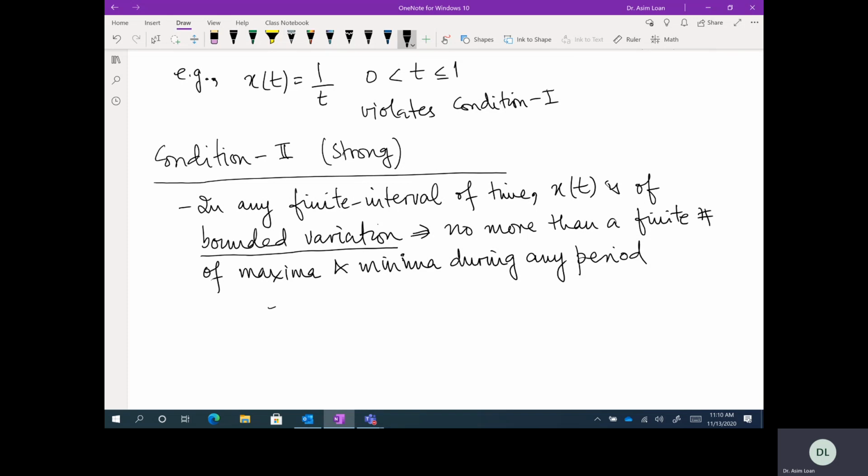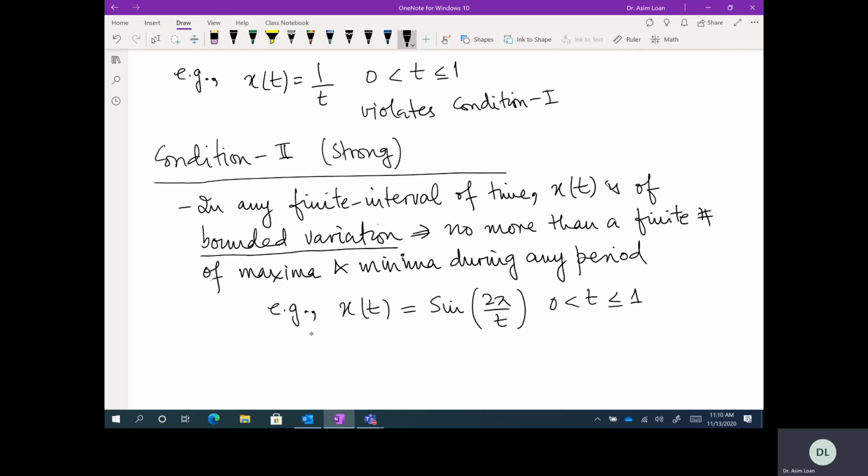One such example is this function. If you plot it, it has an infinite number of maxima and minima in one time period, where 0 is less than t less than or equal to 1.